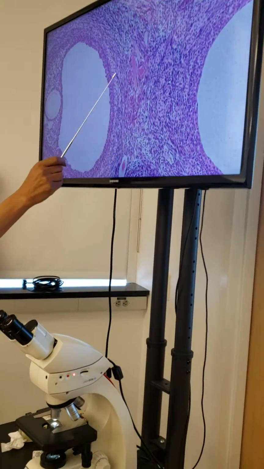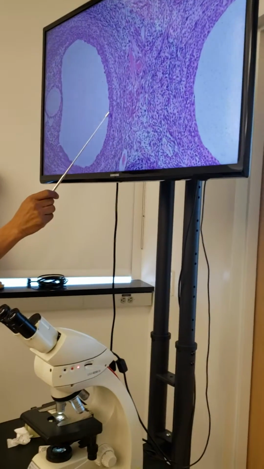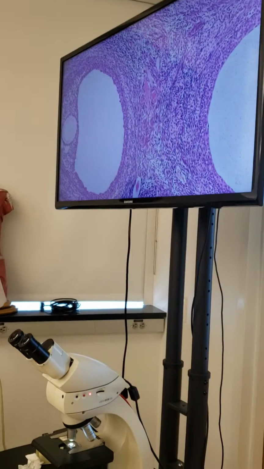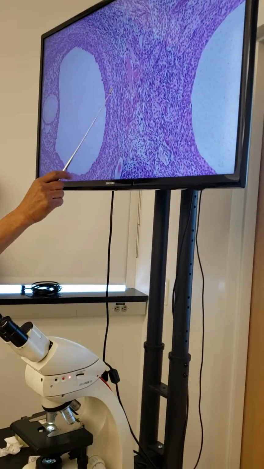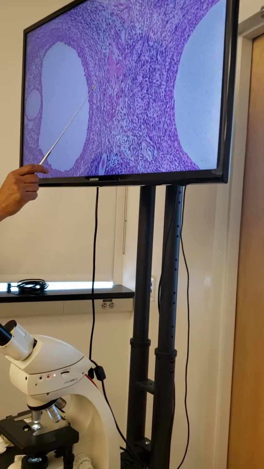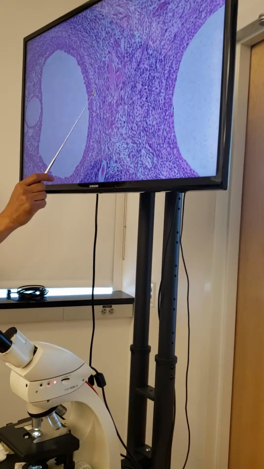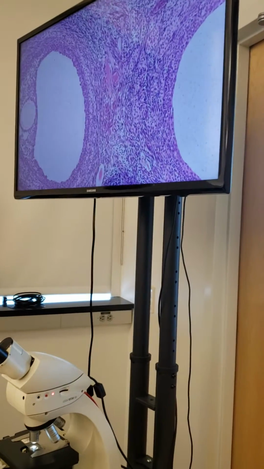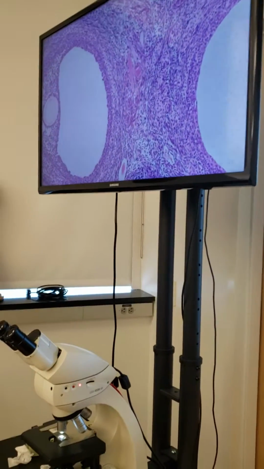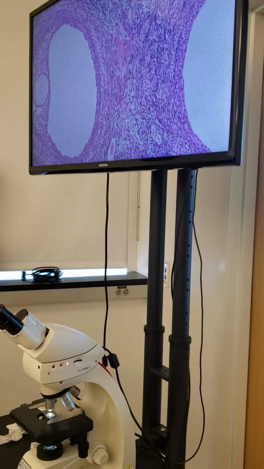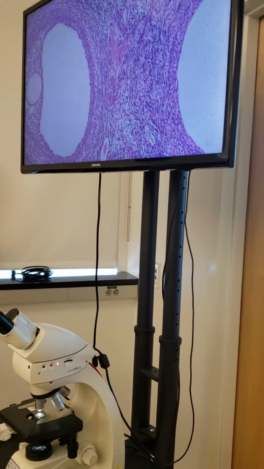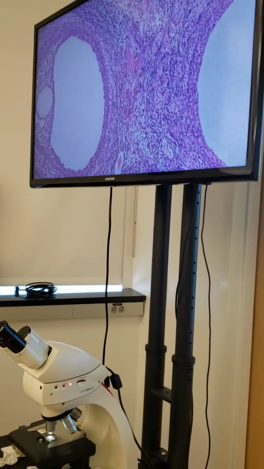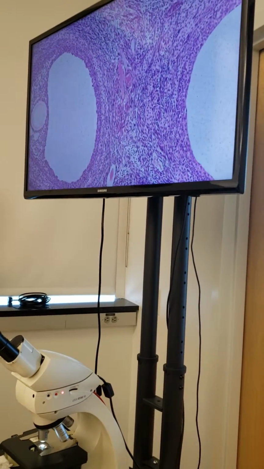This is the outer layer here. The inner layer is called granulosa. Outer layer is called theca. Granulosa inner, theca outer. What do these layers do? As the follicle grows in size, these layers make hormones. Female hormones, especially estrogen.